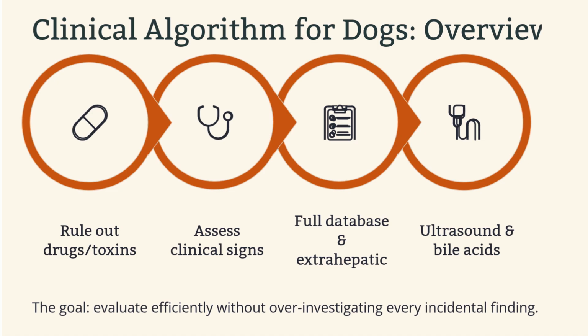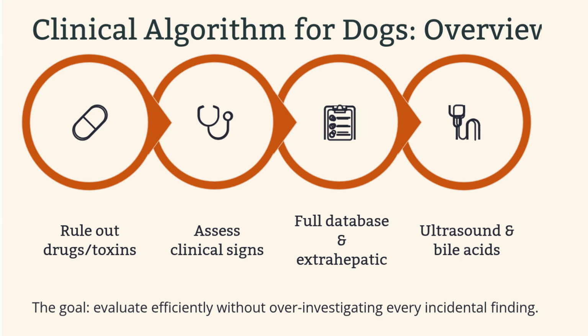A clinical algorithm that you can use for dogs is following this sort of diagnostic plan. The first step is, when you see an ALT elevation, ask yourself, could this be due to a drug or toxin that the dog has been exposed to?